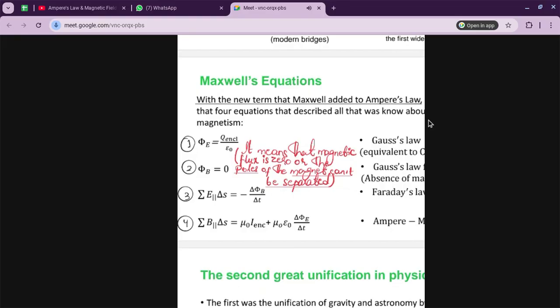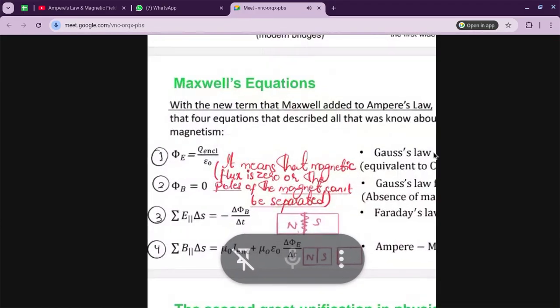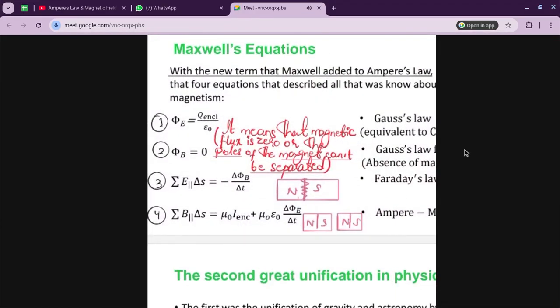Means the poles, north or south pole, can't be segregated because if we have a magnet, we have discussed this in the magnetic field chapter, that it has north and south, and if we break this magnet, the other new magnets have their own north and south pole.